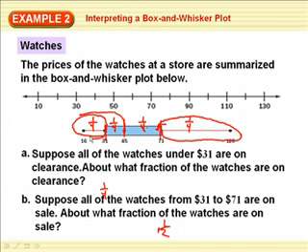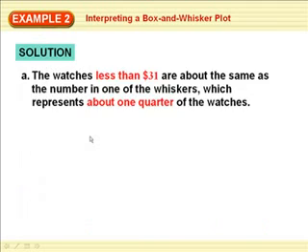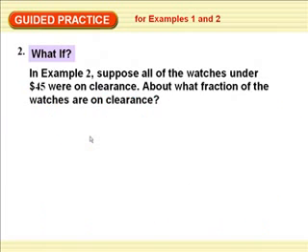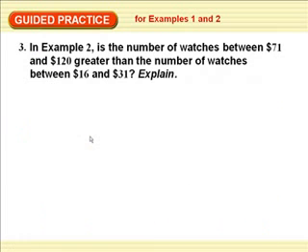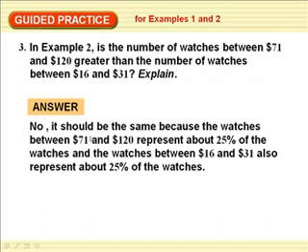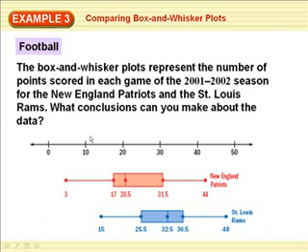Nope, because we split them into 4 equal parts. Remember when I said that at the beginning with the box and whisker plot? We are taking the data and we're putting equal numbers into 4 groups. So the answer to that would be no, because, like I said, they both represent a fourth of the data.